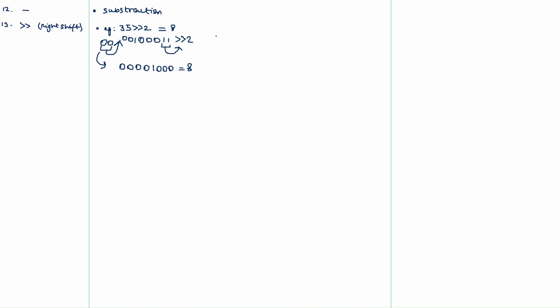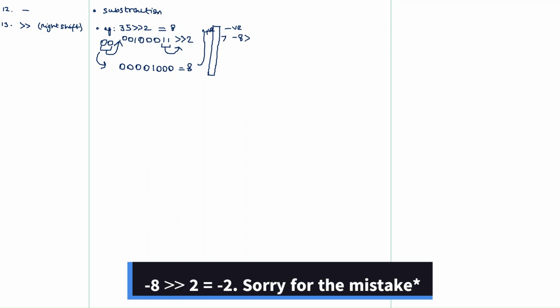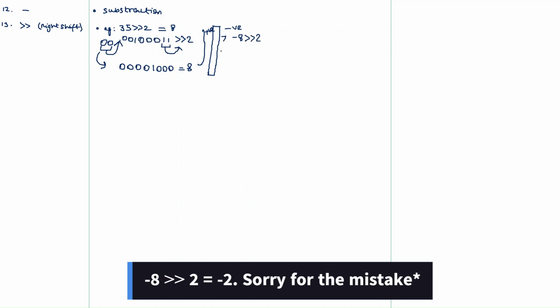But this is in case of positive numbers. In case of negative numbers, let's say I'm writing minus 8 and right shift it by 2 times. The binary code for minus 8 is somewhat like this: 1, 1, 1, 1, 1, 0, 0, 0.